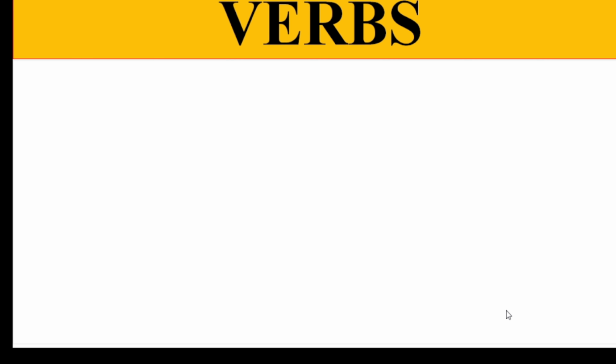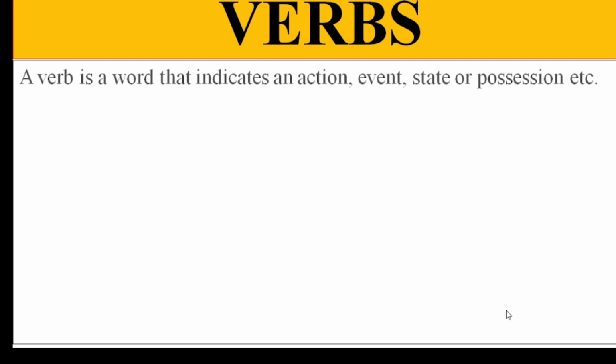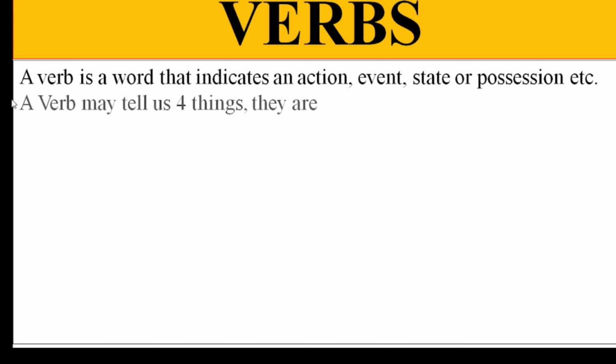Now verbs. We know that a verb is a word that indicates an action, event, state or possession, etc. So a verb may tell us of four things. Generally they are: what a person or thing does.